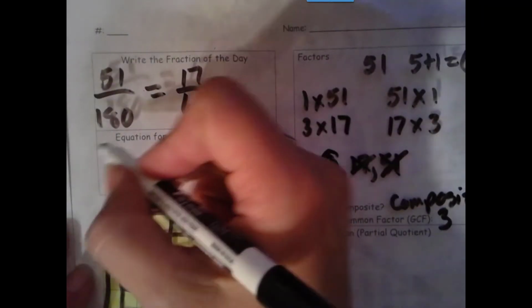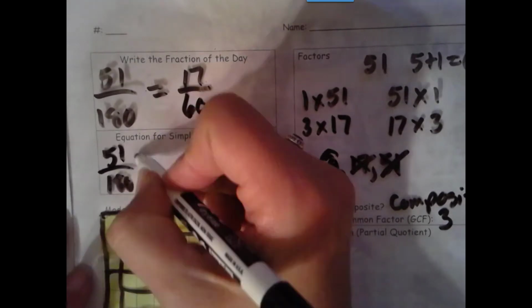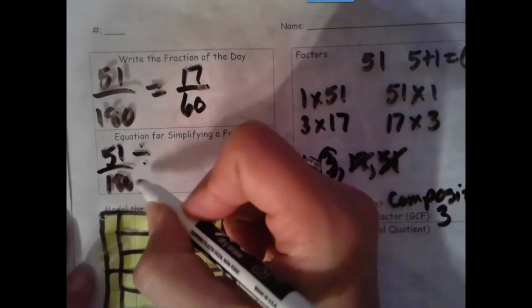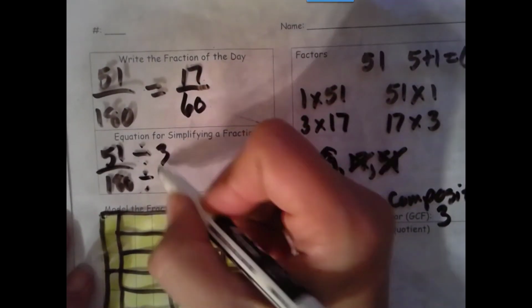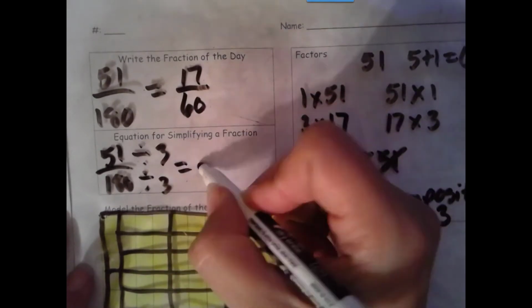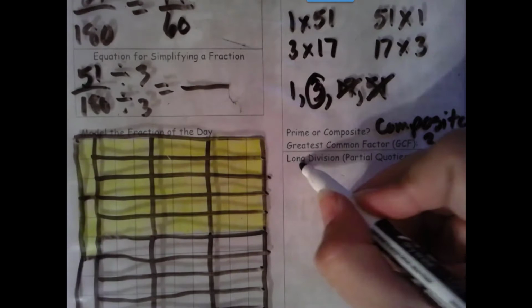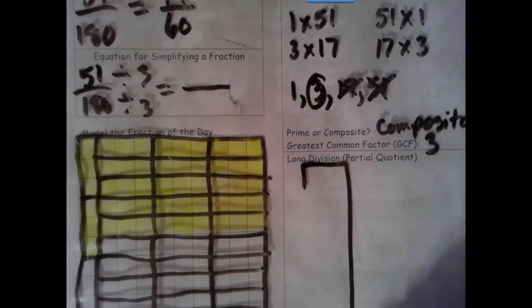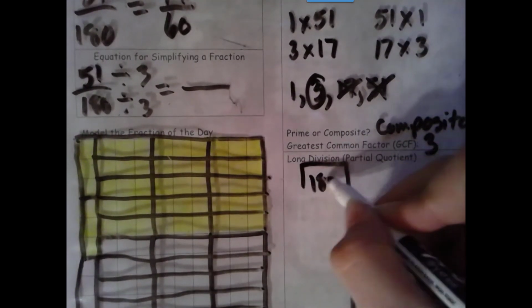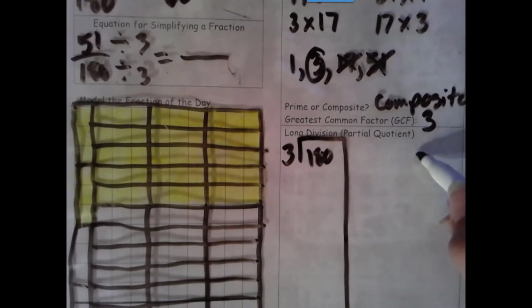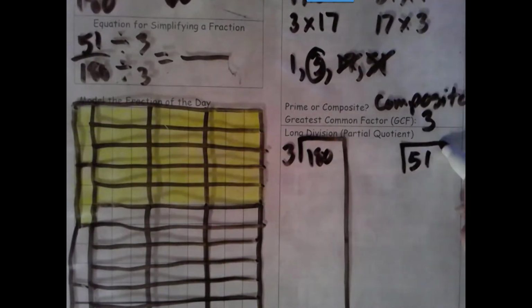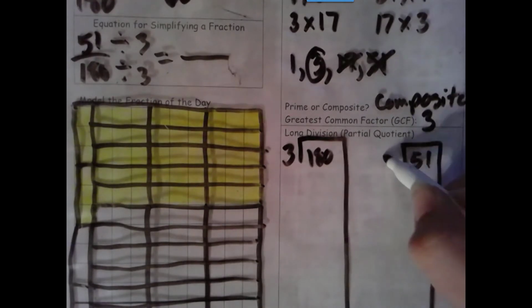Alright, now that we've done our division with our model, because we divided it into equal groups, let's go ahead and do our division with our algorithm. So 180 into groups of 3 and 51 into groups of 3.